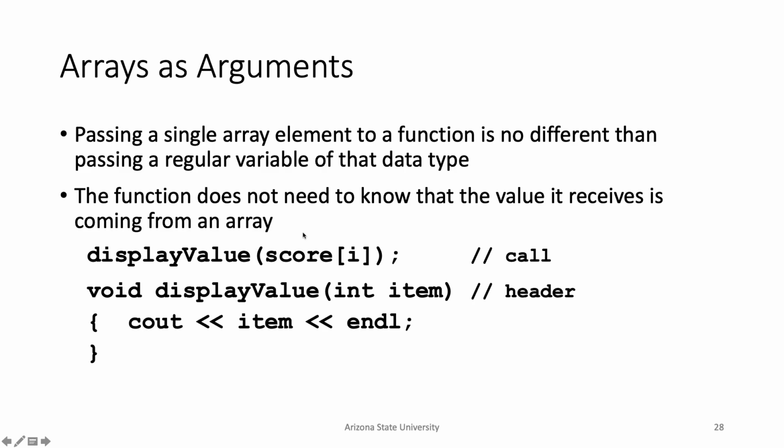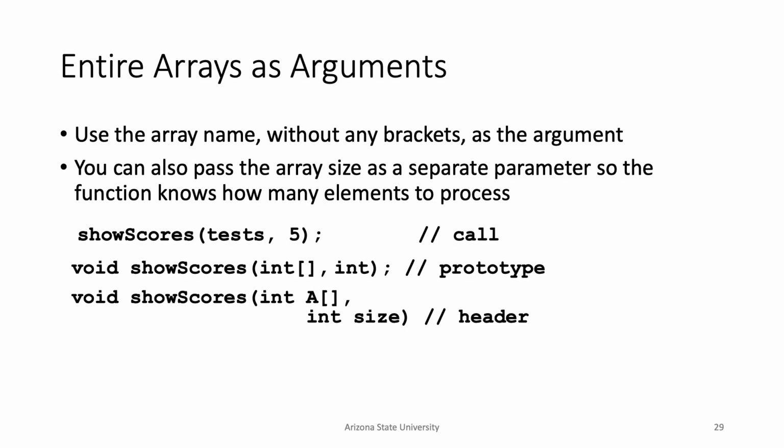But of course, if I want to pass in arrays, either the individual elements or the entire array, I can just pass the array at some index, and then that'll pass, in this case, an integer, and that'll work exactly as you might expect. There's nothing special there. But I could pass an entire array if I wanted to.